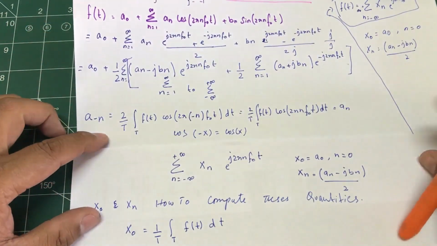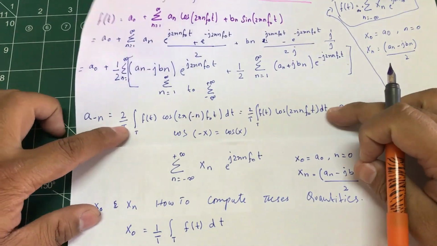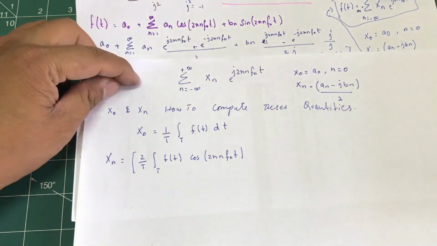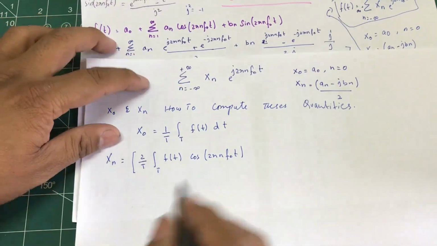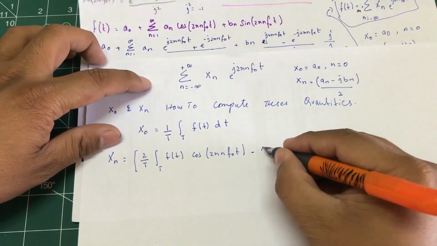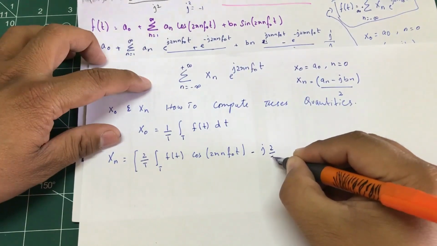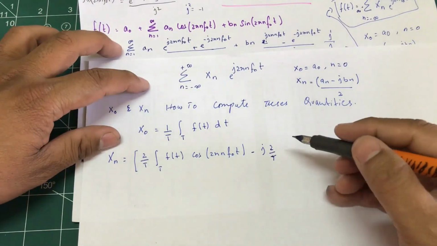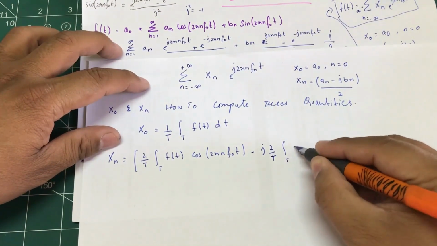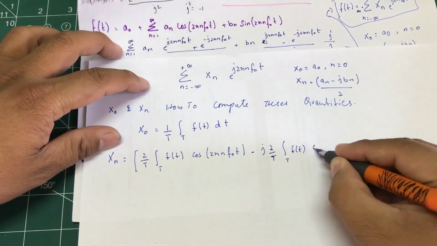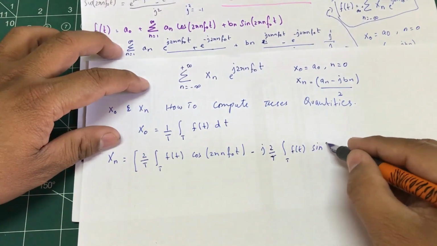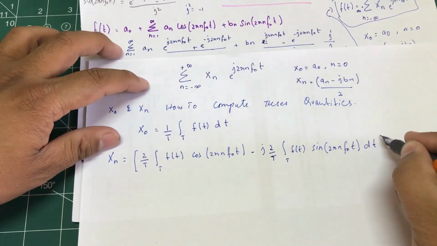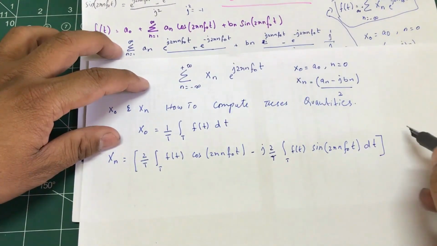This is actually coming from this definition, 2 pi n f naught t, minus j 2 over T. Why j? Because this is a sine term, f of t sine 2 pi n f0 t dt, whole thing divided by 2.